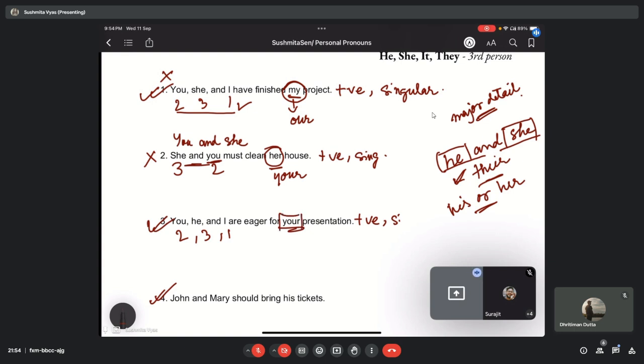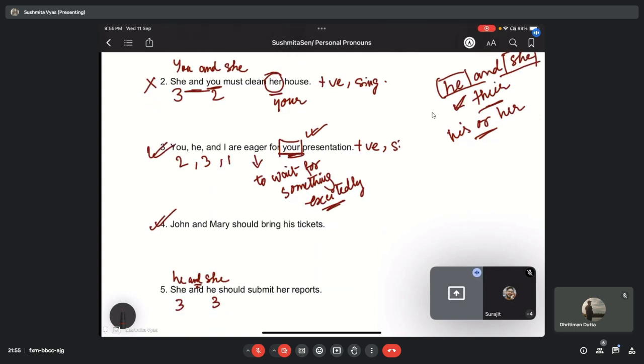Eager means to wait for something excitedly, to be excited about something. So the context of the sentence is that we are very much in excitement. For whose presentation? For your presentation. So your will be the correct pronoun here.